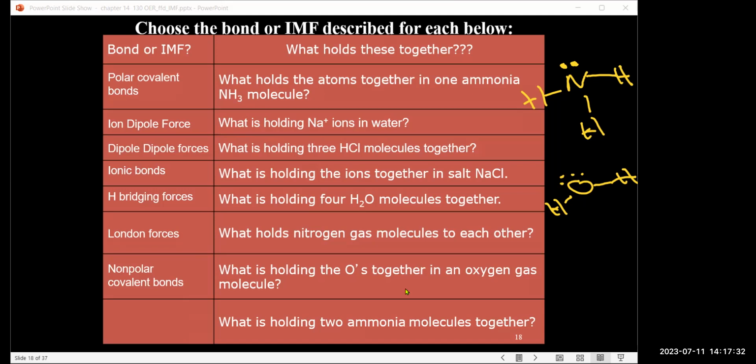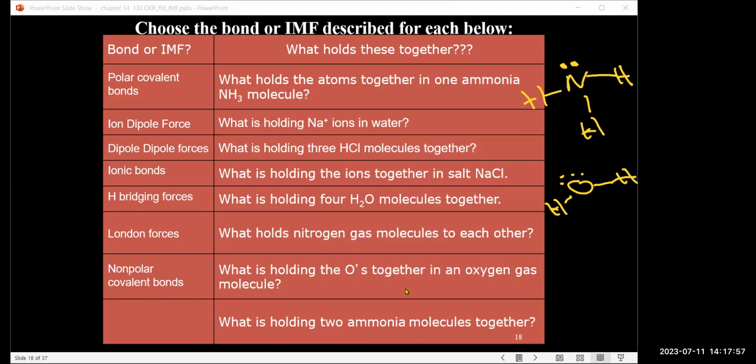And then what is holding two ammonia molecules together? Again, here's the structure still up there in the right-hand corner. We're dealing with a polar molecule. We're dealing with two molecules, so we're dealing with the intermolecular forces and not the intra. Okay, so for intermolecular forces, we go through the process of assigning what force.